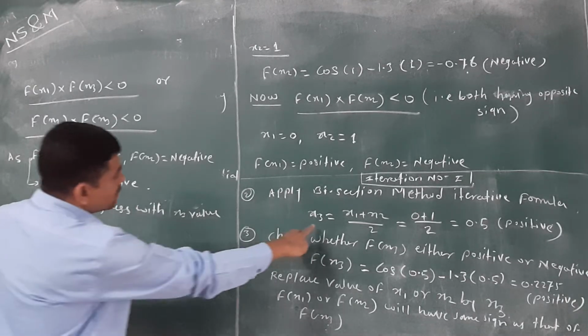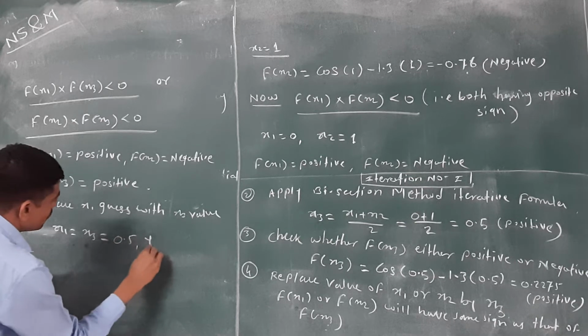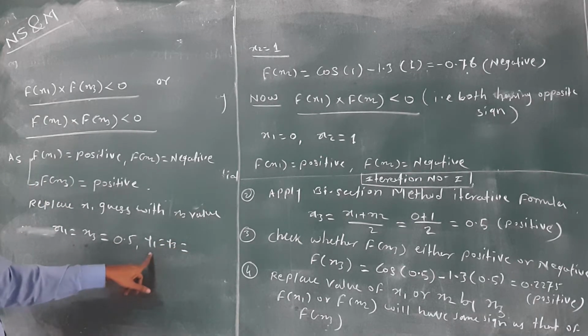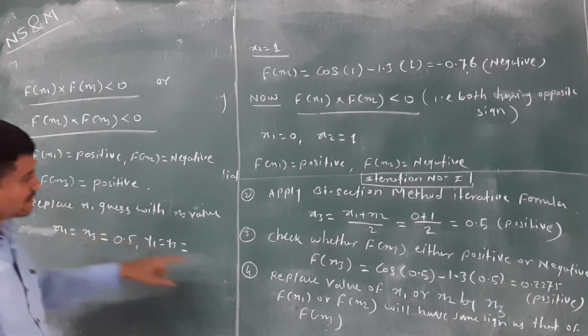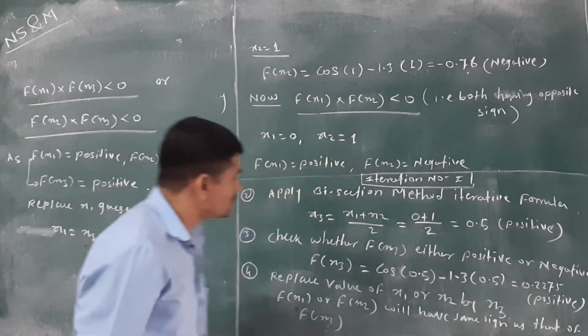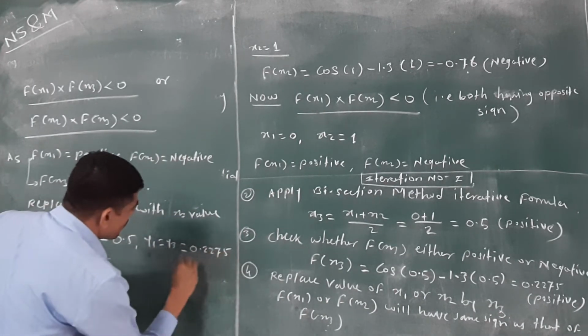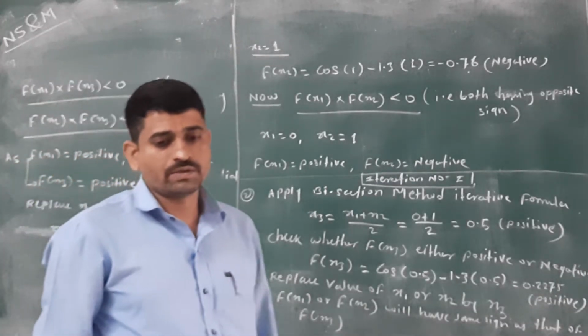We have calculated that the value of x3 is 0.5. And y1 is equal to y3; y1 is nothing but f of x1, and y3 is nothing but f of x3. We have calculated that as 0.2275.